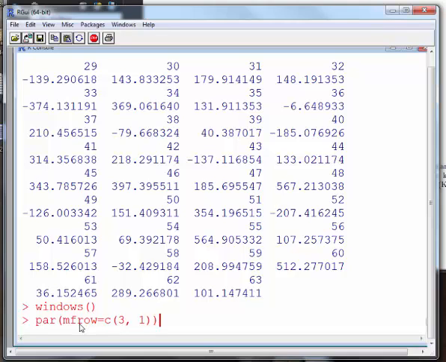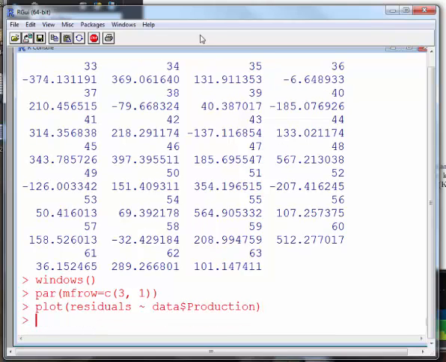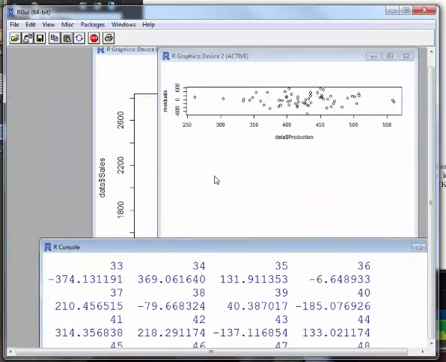Okay, and I want to plot, first of all, the residuals versus production. I'm gonna be a little lazy here and not label that. I've got residuals versus production.